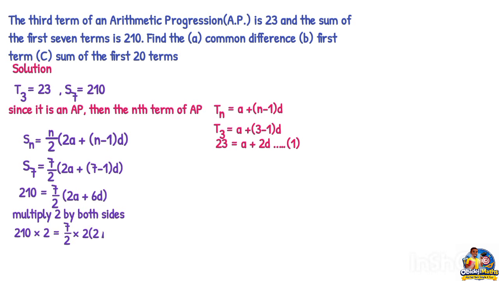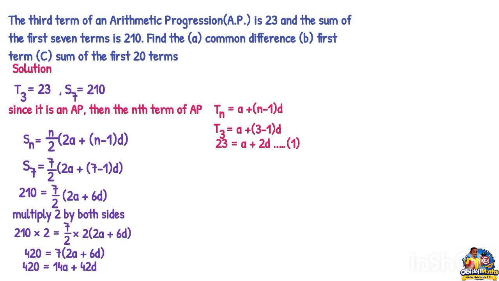So 210 times 2 gives us 420, equals 7 into bracket 2a plus 6d, since the 2s cancel. The next thing is to open the brackets, and that will give us 14a plus 42d.